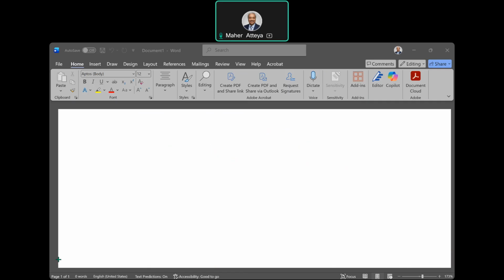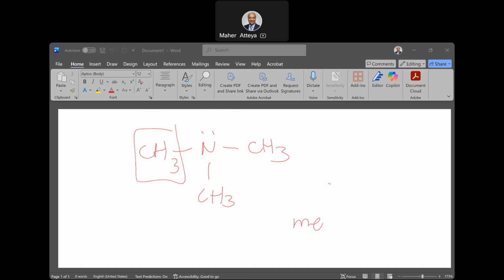So this compound here, N with CH3, CH3, CH3. I can name it: one of them is methane, that's one carbon, correct? So methane.